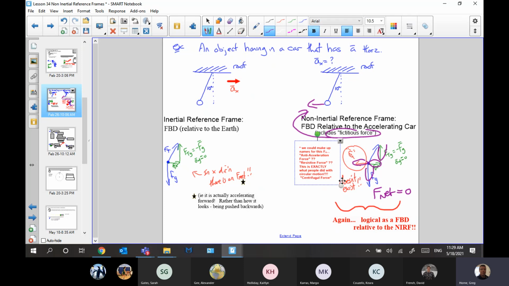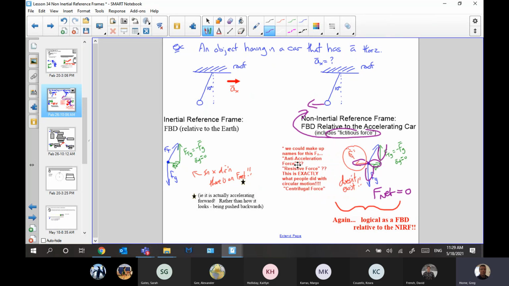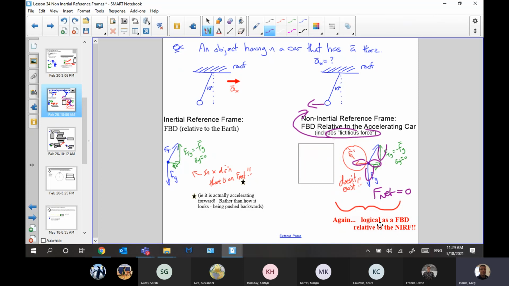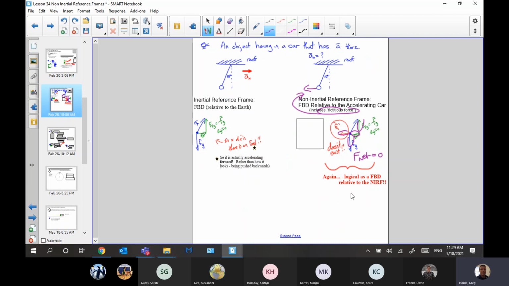So it makes sense. It's logical relative to the non-inertial reference frame, i.e. it's not accelerating relative to the car, that non-inertial reference frame. Great job. So this is logical, just like this one's logical, just in different viewpoints, right?